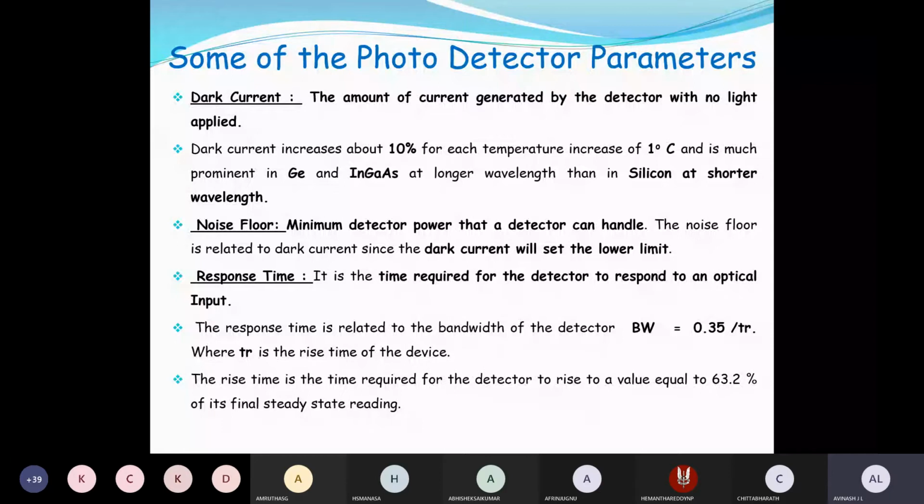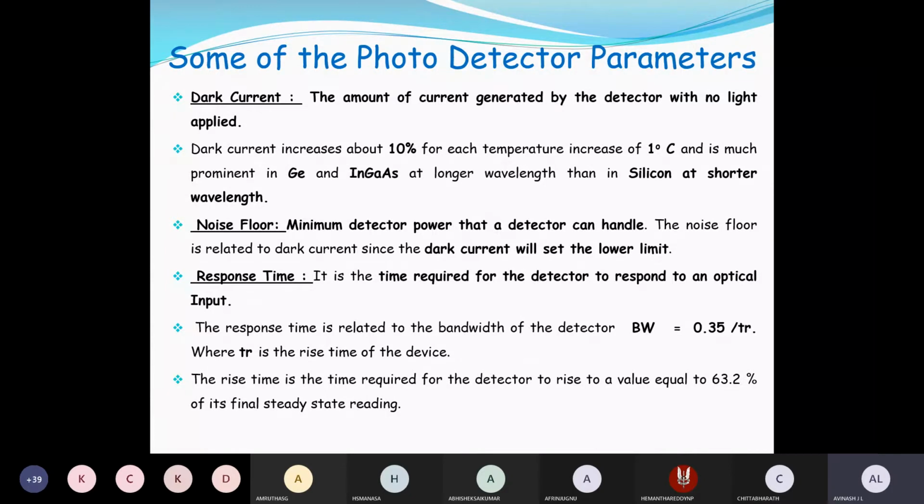If we produce a detector, we will specify that it can detect this much small amount also. That is called the minimum detector power that a detector can handle.